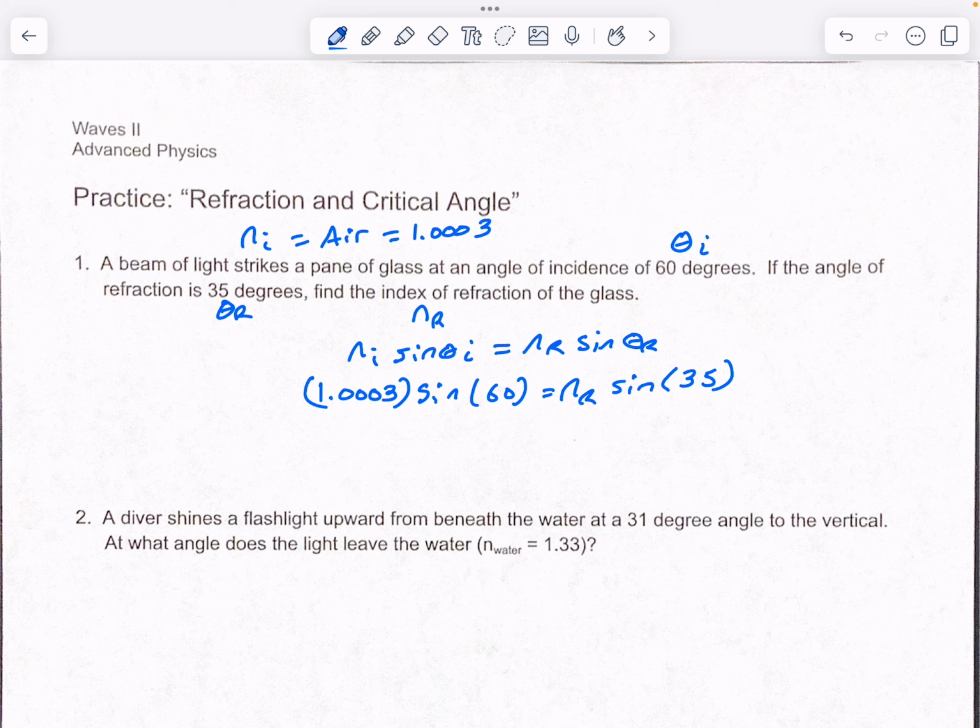Again, make sure you're in degree mode. I would solve the left side and then divide both sides by sine of 35. You don't need to do inverse sine or anything like that. Just divide both sides by sine of 35 and you get Nr with a value of 1.51. There are no units for Nr, it's basically just a ratio or index, so you're good there.